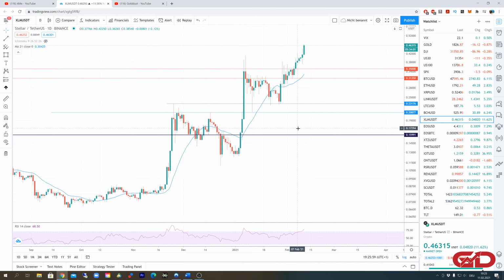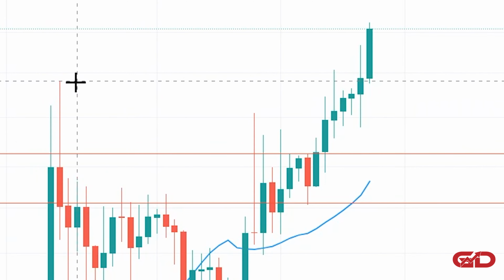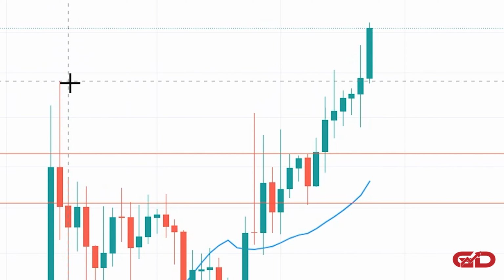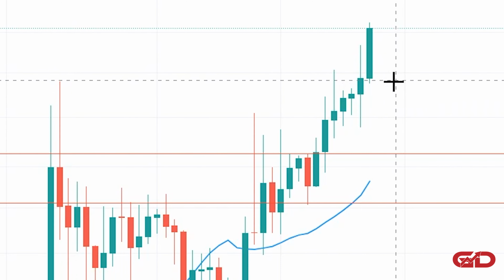And right now let's get into Stellar. We can see here that Stellar had a correction. Right now it's almost straightly going back up, and you can see we are above the old high, but we didn't have a daily candle close yet. To be exact, the candle yesterday already had a daily candle close above this zone, but it was really close.